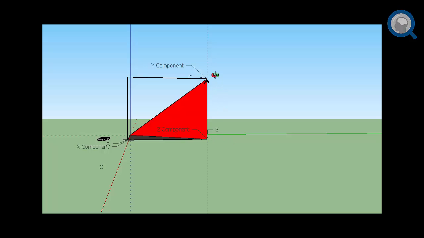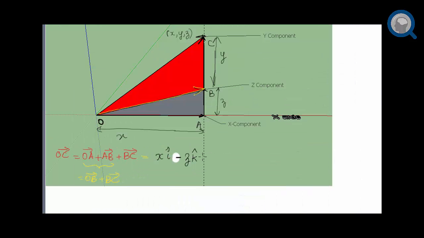So the vector BC can be directly written in terms of j cap, plus y j cap. So we have learned that the position vector of any point with coordinates x, y, minus z can be written as x i cap plus y j cap minus z k cap.